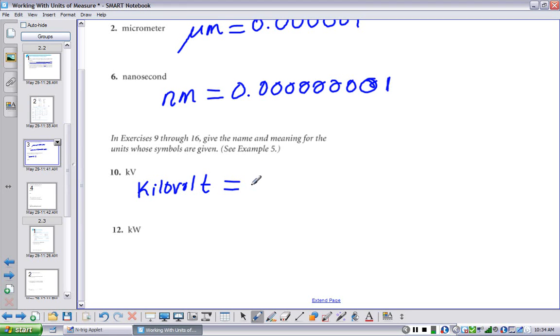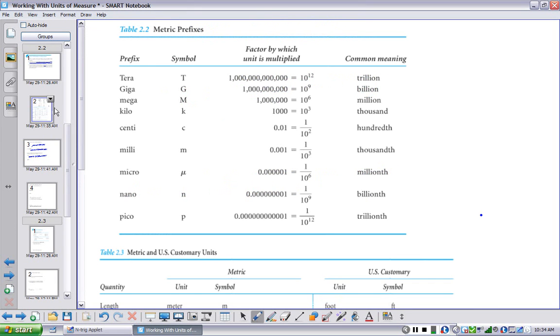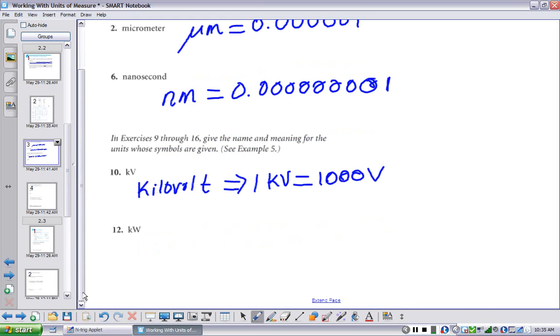So 1 kilovolt is 1,000 volts. Let's go back and look. Kilo means 1,000. 1,000 volts. We have a kilo with that W. It's a kilowatt. So 1 kilowatt equals 1,000 watts.